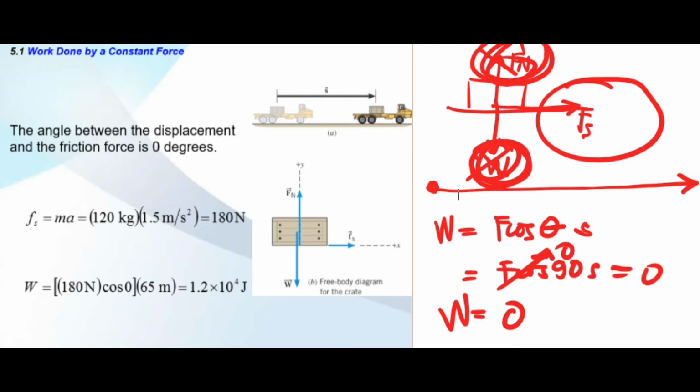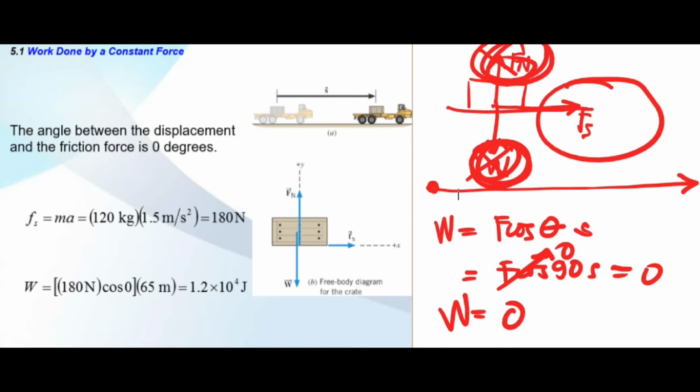Now, for the static frictional force, the angle between the displacement and the friction force is 0 degrees. The static frictional force is just equal to mass times acceleration. It is the mass of the crate times the acceleration of the truck.